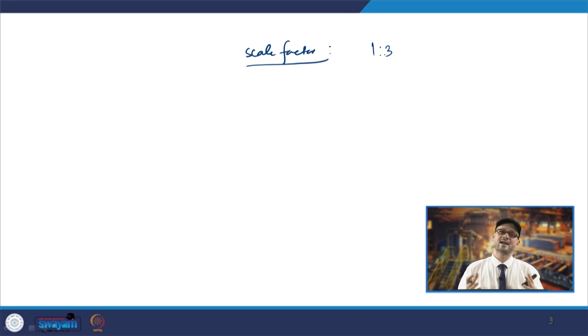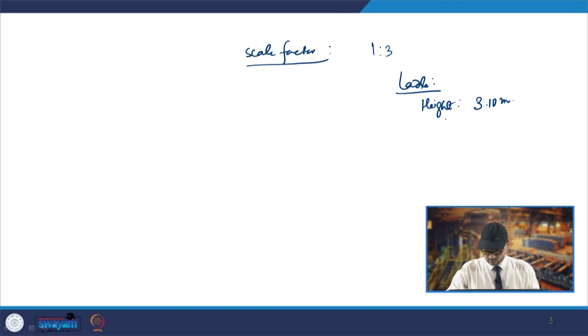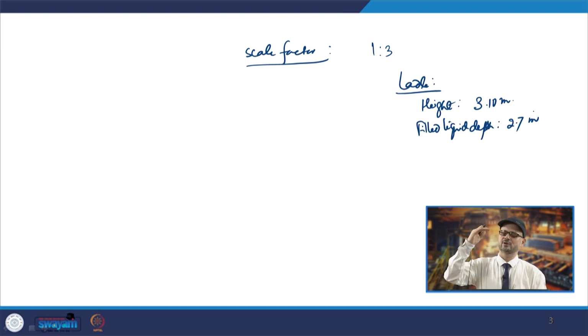Suppose you have to make a model of an industrial stirred ladle. For that industrial size ladle, the height is given as 3.1 meter. The filled liquid depth is given as, say, 2.7 meter, so the total height is 3.1 and the height up to which the liquid is filled is 2.7 meter.